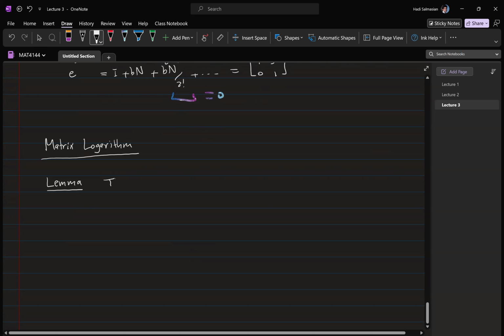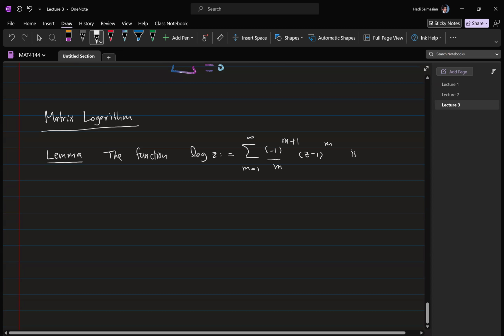The power series, or rather the function log z, defined by the series, which is (-1)^(m+1) over m, (z minus 1)^m, starting from 1 to infinity, is defined, i.e. it's convergent.